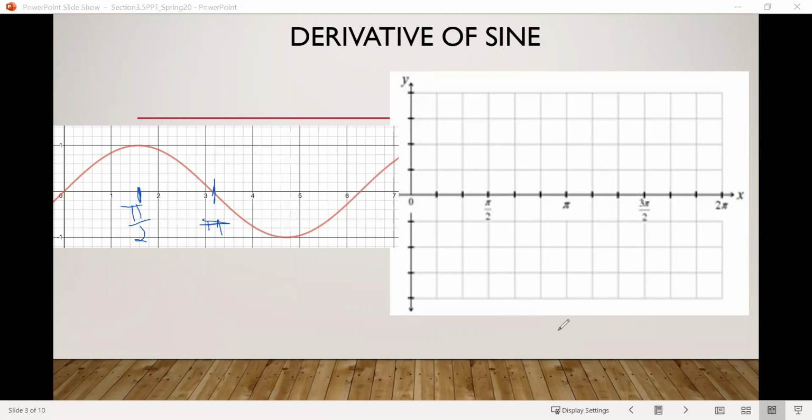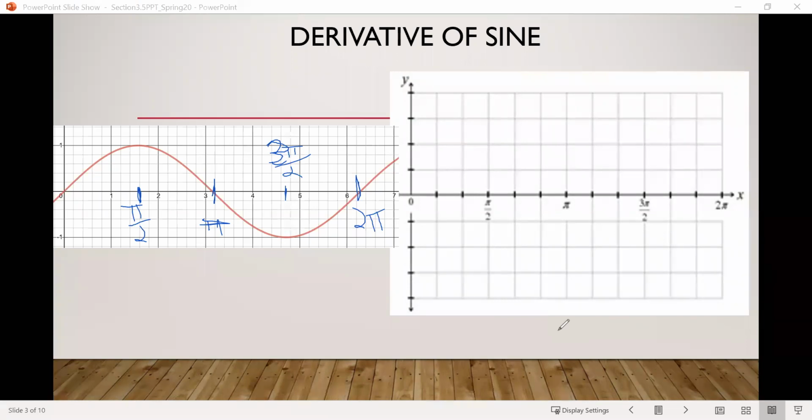Then this next dip down, this low point, is at 3 pi over 2. And the last place where it crosses is at 2 pi. I just want us to keep that in mind as we're doing these tangent lines.